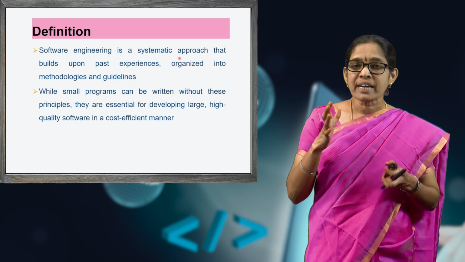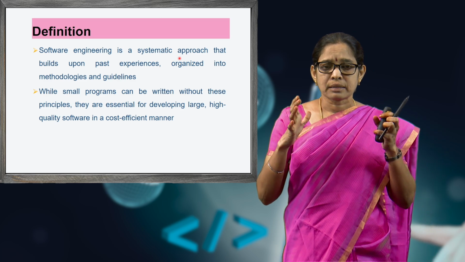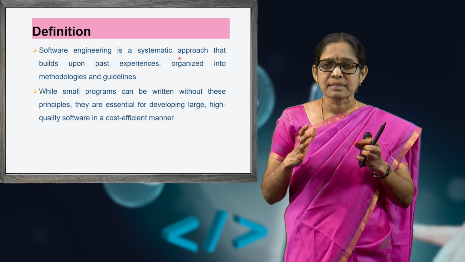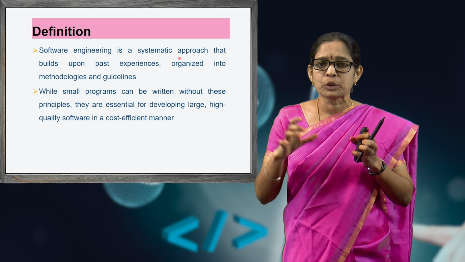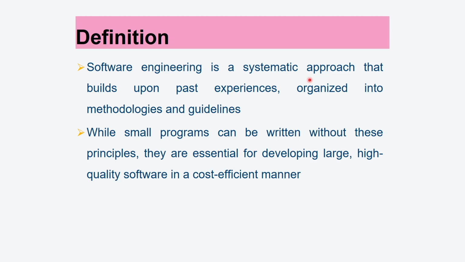So, software engineering is a structured approach in which past experiences are organized into methodologies and guidelines. When we talk about a small program that consists of only a minimal code, the principles of software engineering are not necessary.